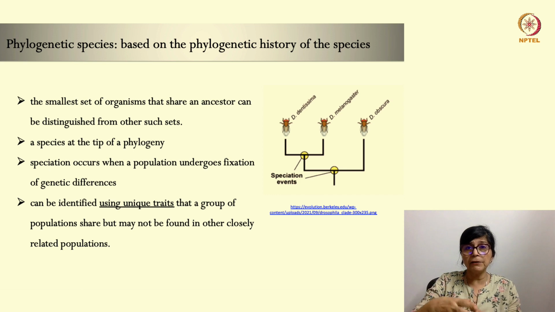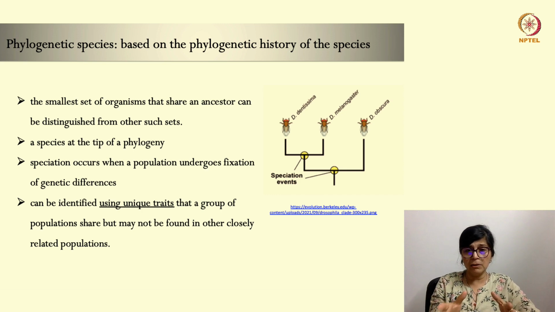A trait getting fixed means, in a heterozygous condition, say for big A and small a, two alleles are there, it occurs 50-50% in the population. So big A will be found 50% of the time, small a will be found 50% of the time. So it is not fixed. If not, we can always say the population is biased towards big A or small a, so it can go anywhere.